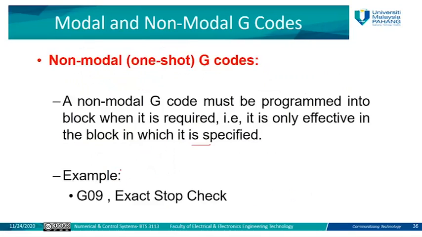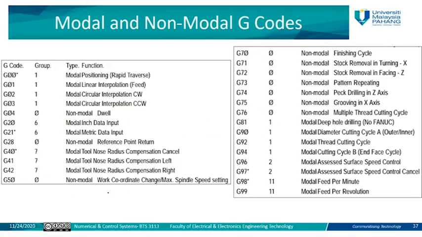It only affects its own place. For example, here G09 is exact stop check. So this will be applicable only on the block of the program in which it is included, and does not affect any other coding.